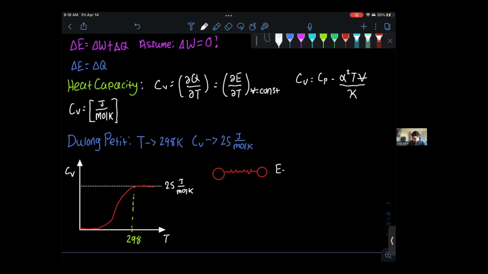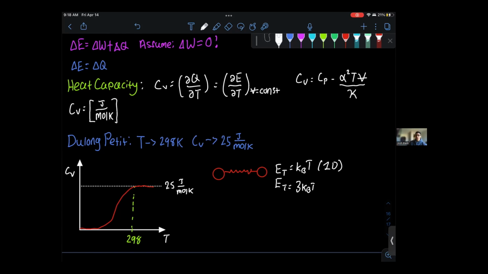We model thermal energy like this: Boltzmann constant multiplied by our temperature. This is what it looks like in 1 dimension. If we want to model this in 3 dimensions, all we're going to do is multiply our value by 3.